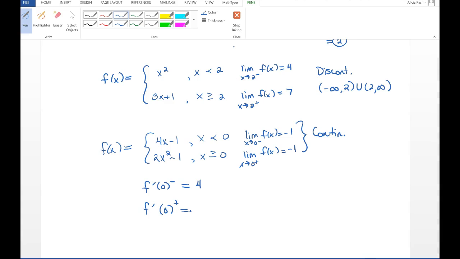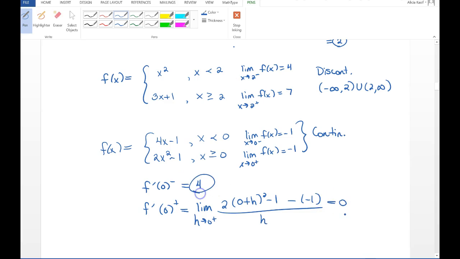It should come out to 0, because you have the limit as h approaches 0 from the right of 0 plus h squared minus 1 minus -1. Anyway, we get 0. I know we're out of time here. So since we got 4 here and 0 here, we have a corner at x equals 0.